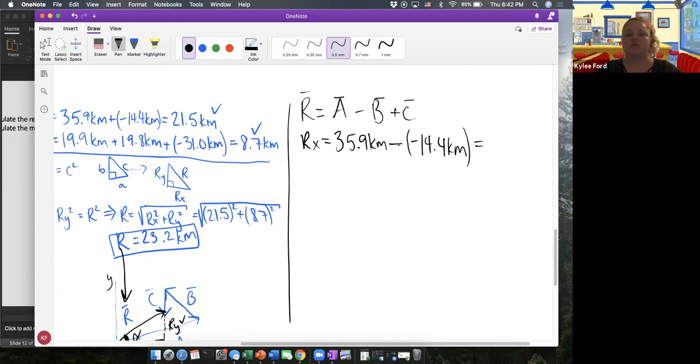So now we have 35.9 plus 14.4, and that's going to be 50.3 kilometers. Then do the same thing with Ry. We have our 19.9 kilometers, that's our Ay, minus our B, which is 19.8.